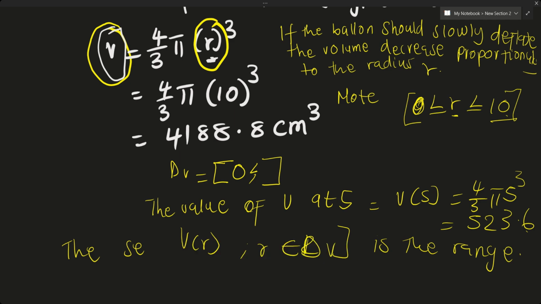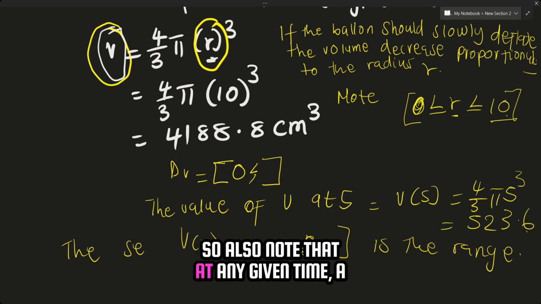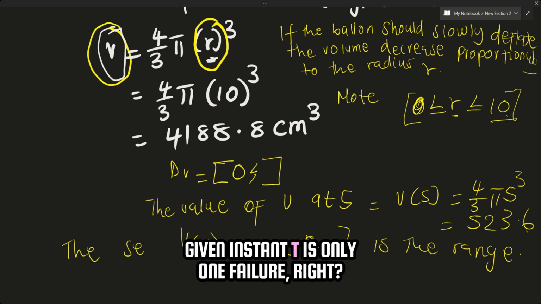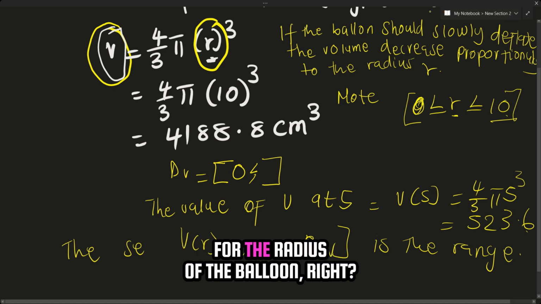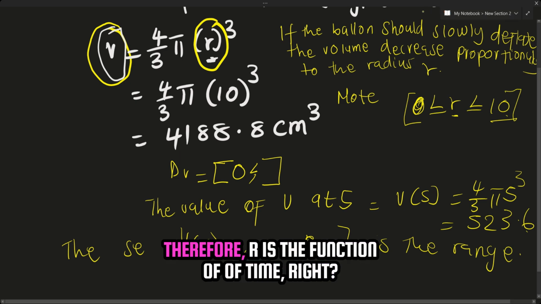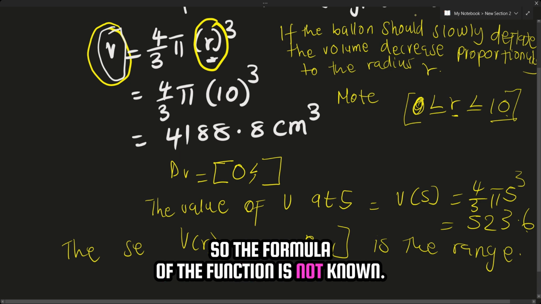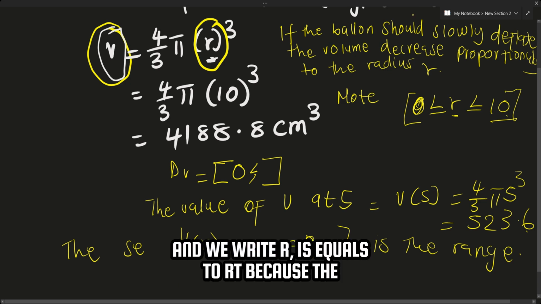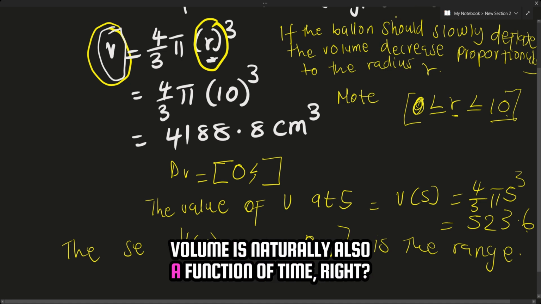So also note that at any given time, a given instant t, there's only one value for the radius of the balloon, right? Therefore, r is a function of time. So the formula of the function is not known, and we write r is equal to r(t) because the volume is naturally also a function of time, right?